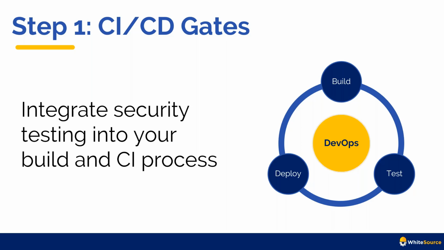We have our nightly build, for example, or our weekly build, and in this build we have functional tests. If some specific automated functional test fails, we will automatically fail the build and let our developers know that something is not working right.